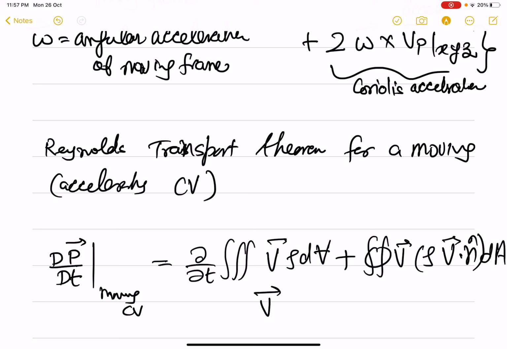And these v's on the right hand side are measured with respect to the control volume.